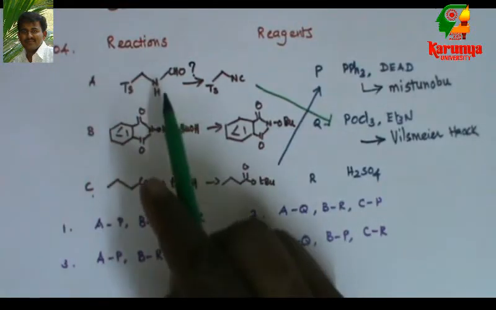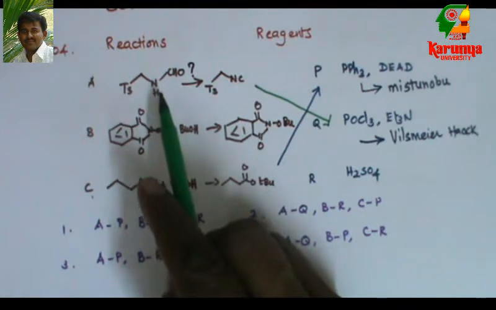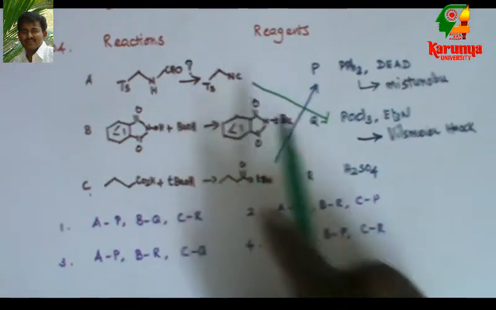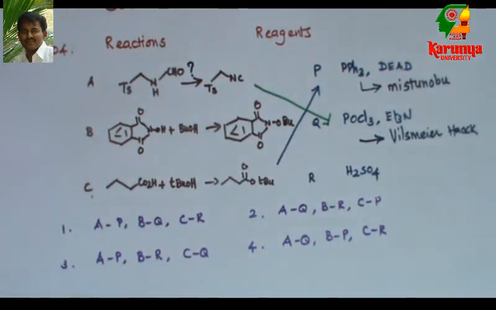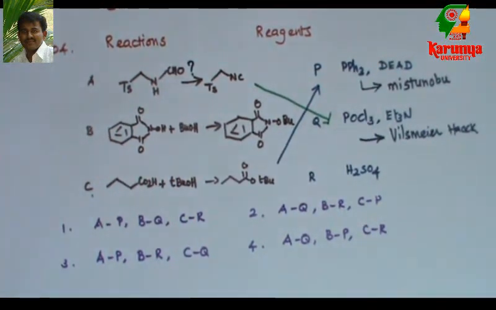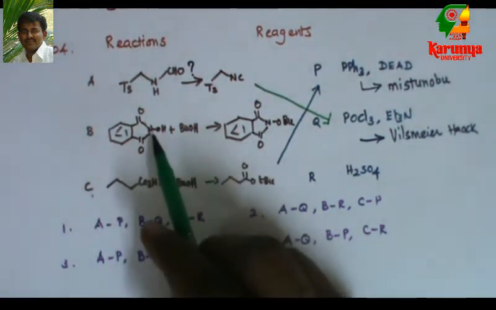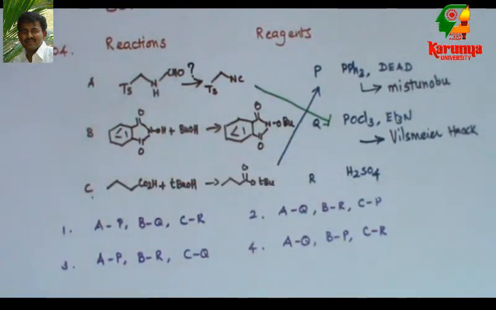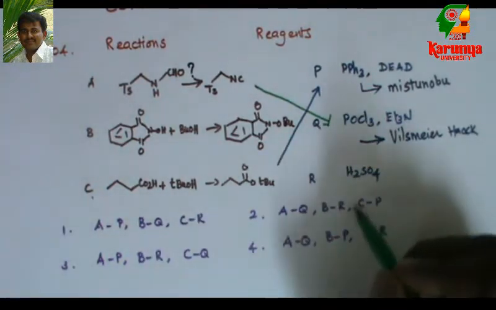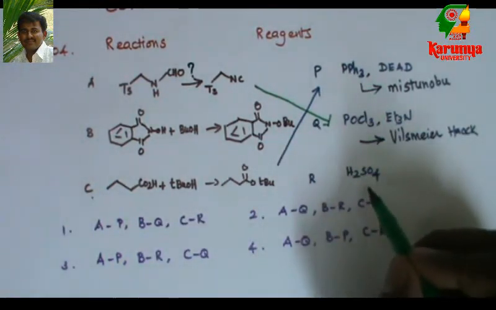So the amide is converted into isocyanide using POCl3 and triethylamine. There is only one more reaction left, that is conversion of N-hydroxyphthalimide to the O-alkylated product. So that can be achieved using sulfuric acid.